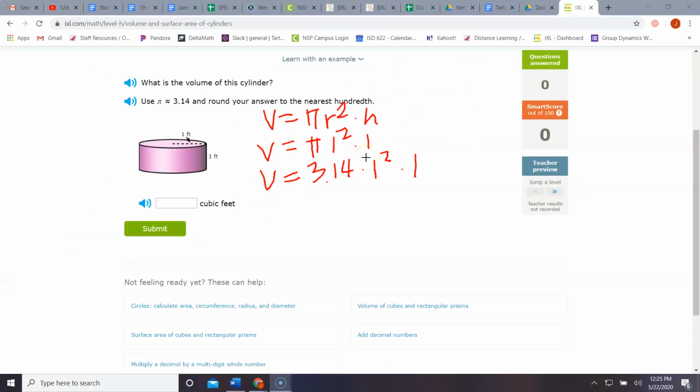All right, sorry about that, had some technical difficulties, but you can see here, we've got volume equals 3.14 times 1 squared times 1. So then our volume, grab your calculator, should turn out to be just 3.14 because 1 squared is 1 and then 1.